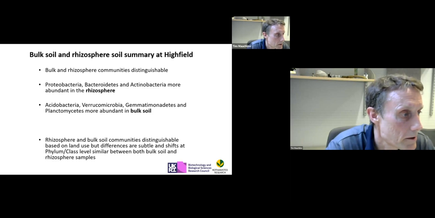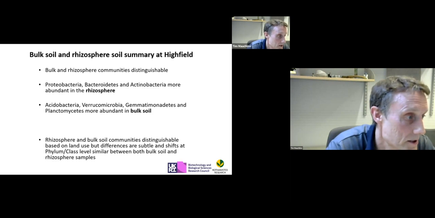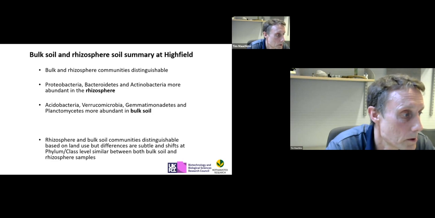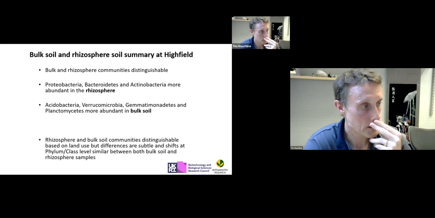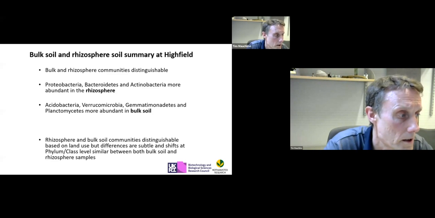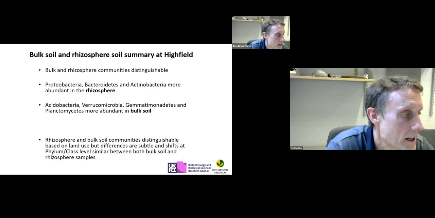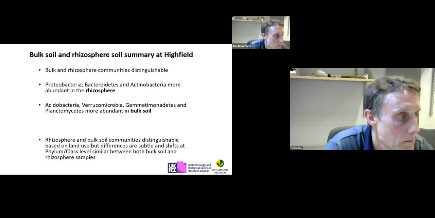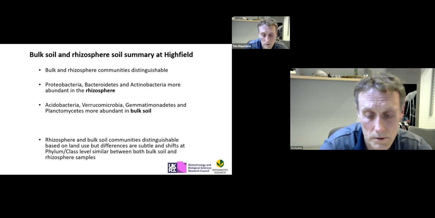The acidobacteria, verrucomicrobia, and the gemmatimonadetes and the planctomycetes were all more abundant in the bulk soil. And so what we're able to see here is that the rhizosphere and bulk soil communities are distinguishable based on land uses, but there are differences, and these are more subtle, and there are shifts at the phylum and class level between both bulk soil and rhizosphere samples.